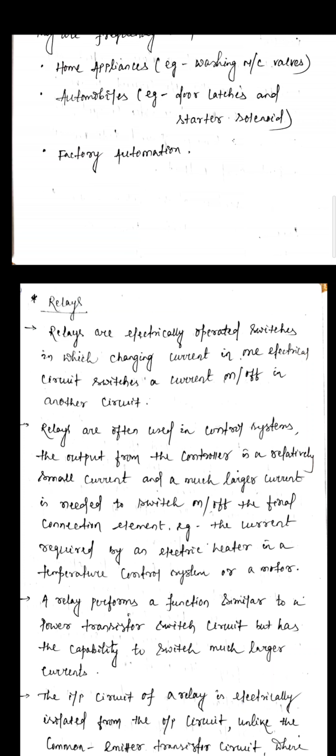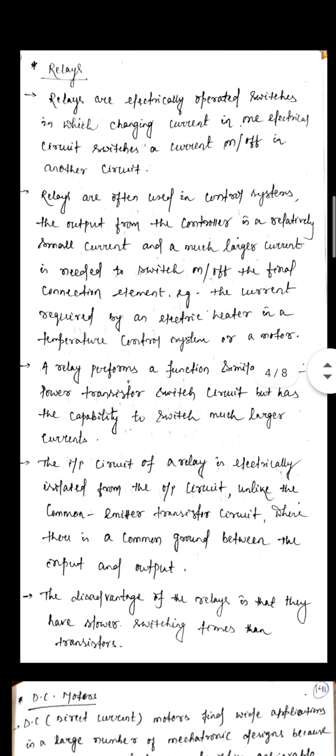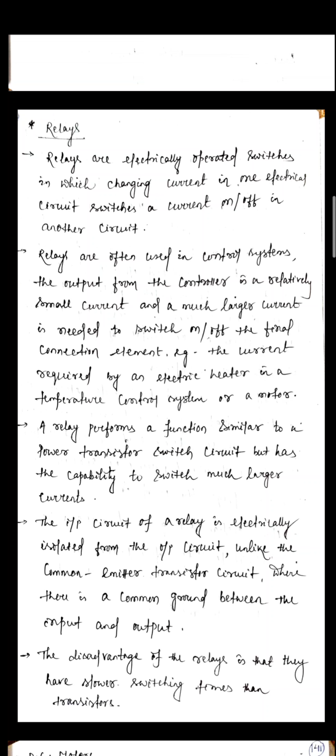This is the third type of switch, that is the relay. Relays are electrically operated switches in which changing current in one electrical circuit switches the current on or off in another circuit.